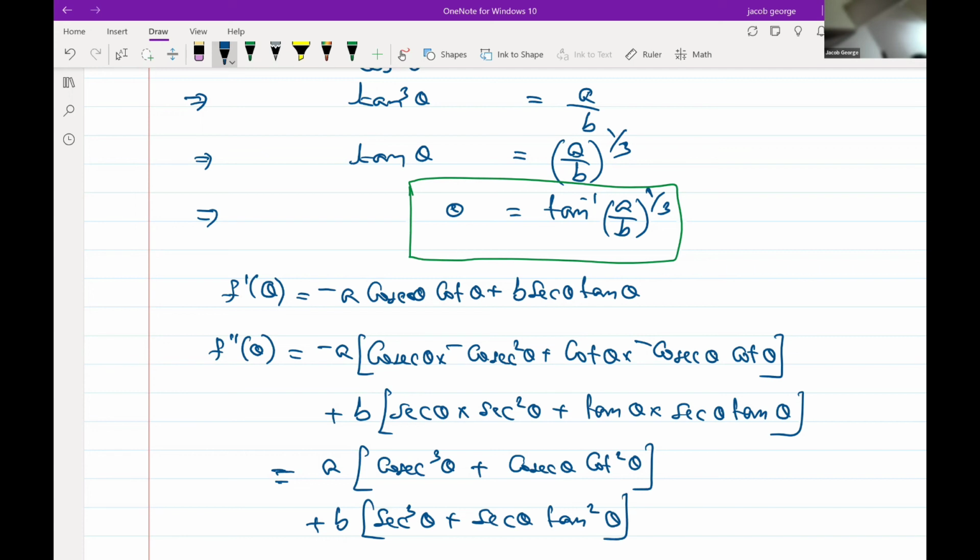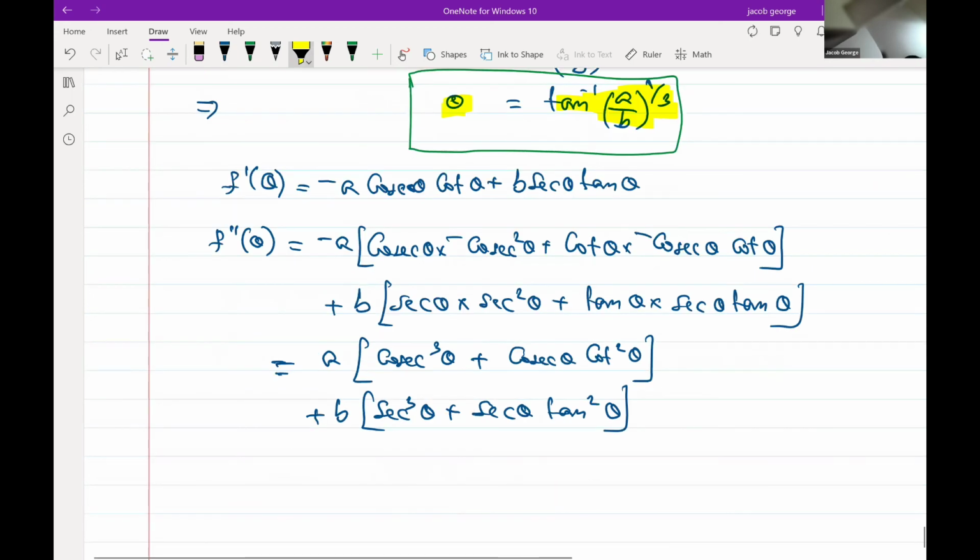So theta is an acute angle. You can see this theta in the figure also, it is an acute angle, and this is purely positive. So when we substitute an acute angle, this will be greater than 0.